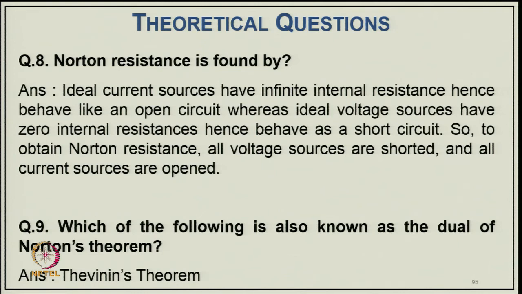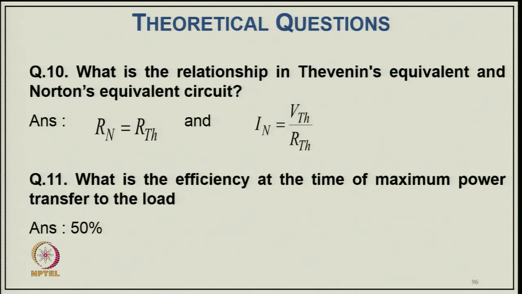Question 9: which of the following is known as the dual of the Norton theorem? The Thevenin theorem is considered the dual of the Norton theorem. What is the relationship between the Thevenin equivalent and Norton equivalent circuits? The Norton equivalent resistance is equal to the Thevenin equivalent resistance, and the Norton equivalent current is VTH upon RTH.